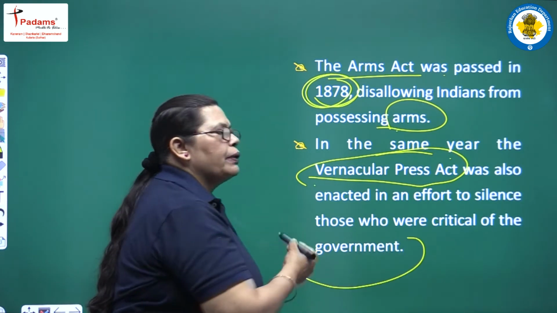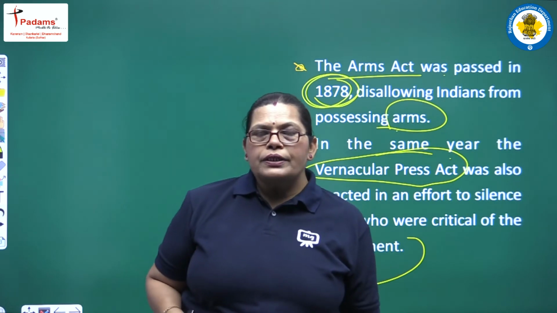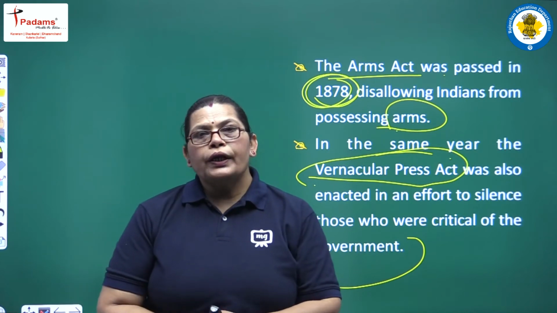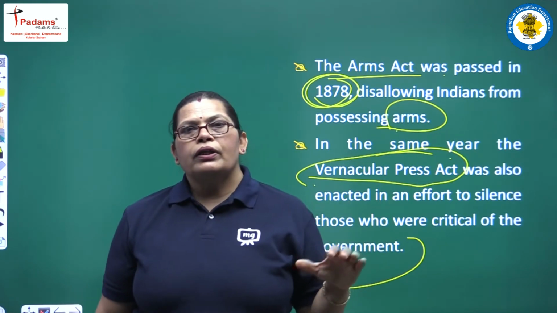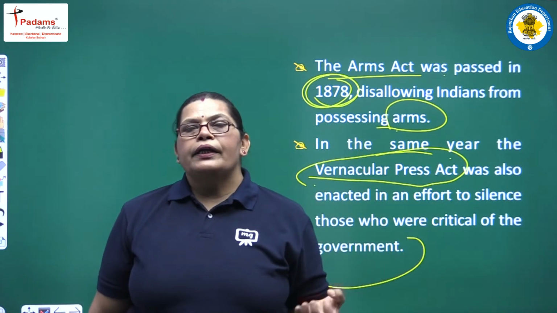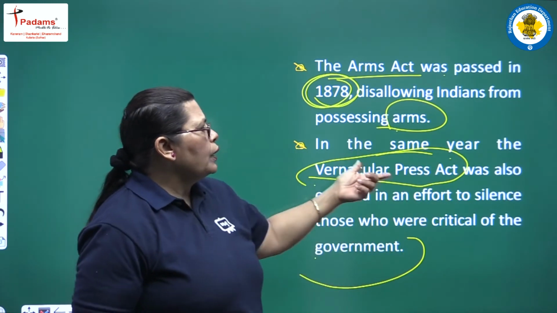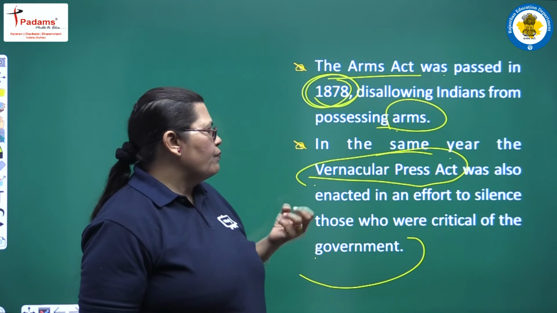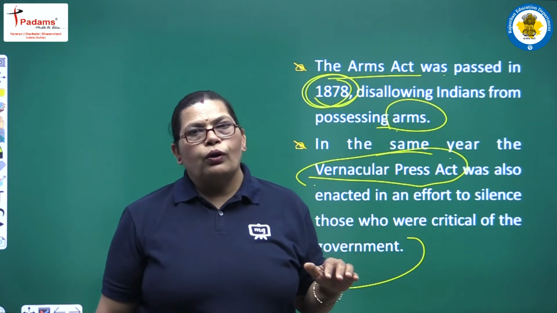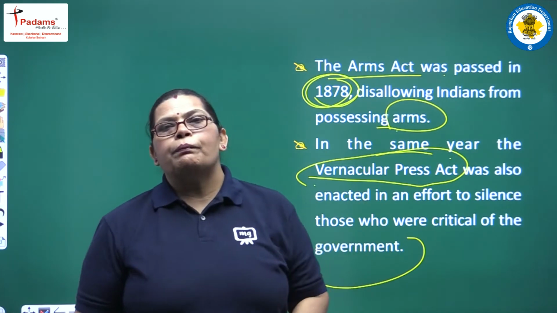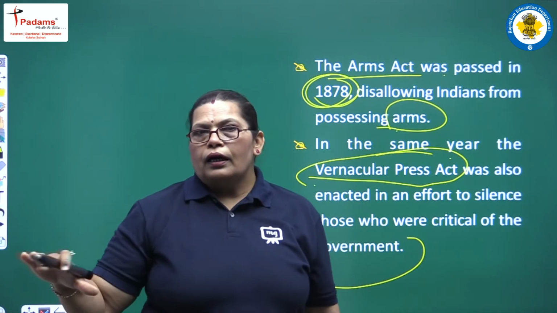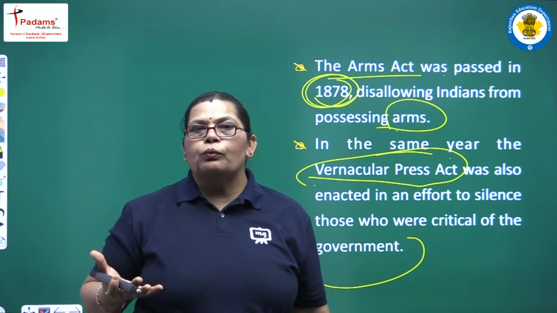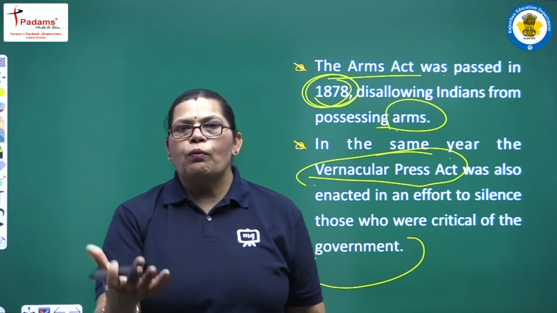See, at that time Britishers ruled over India, and Britishers took many hard decisions against the Indian people. So Indian people from time to time gave their views in the printing media, in the newspapers, but the Vernacular Press Act was passed at that time, and as per this act the main effort was to silence them, because they did not allow Indian people to use these platforms to contribute their views and feelings about the freedom of India.